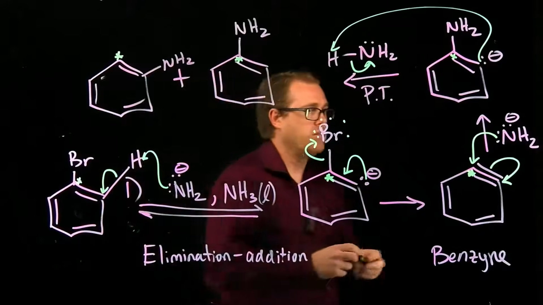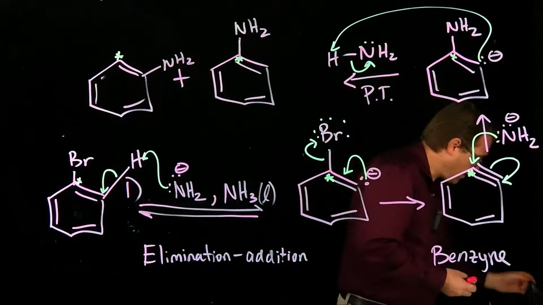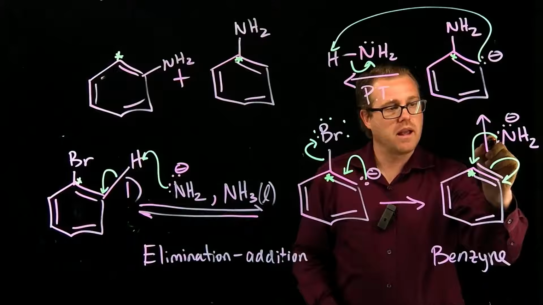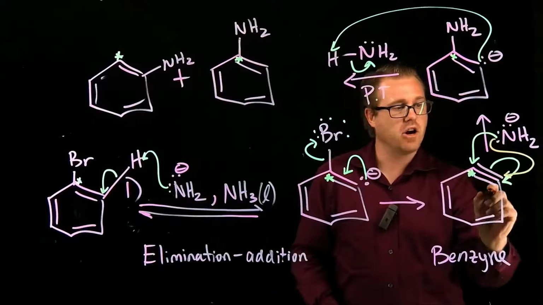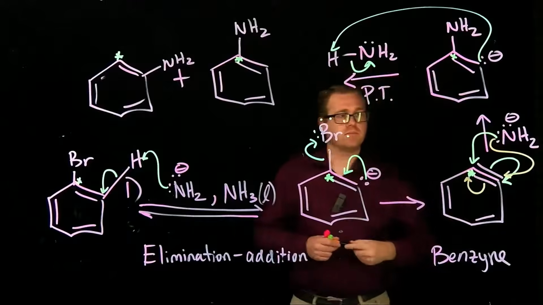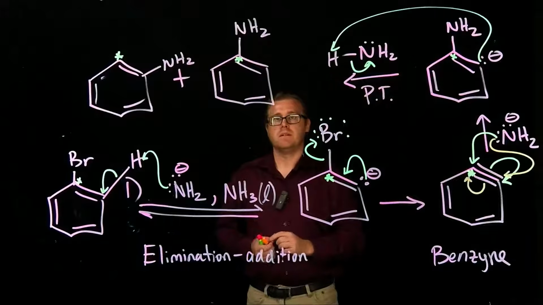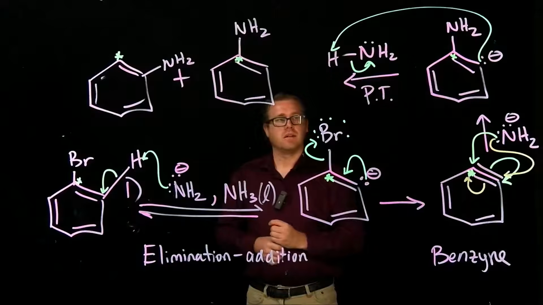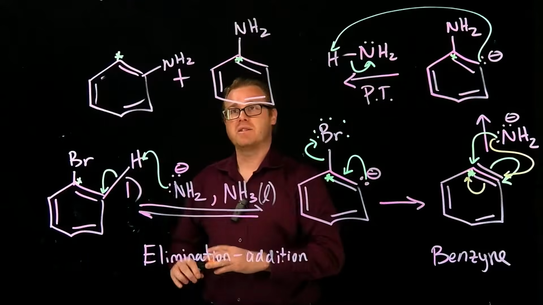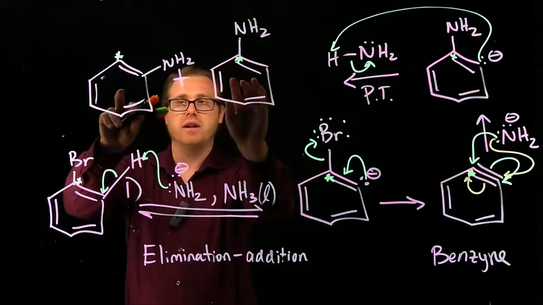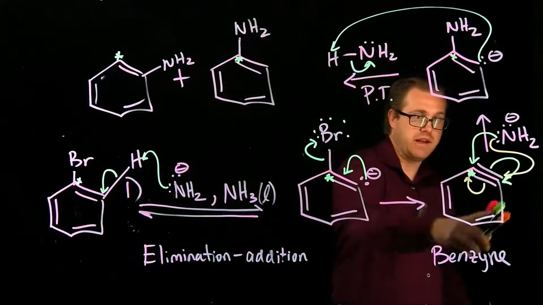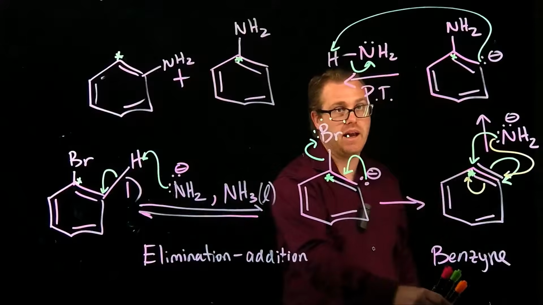Why? Because this amine right here can come in and attack on that carbon instead, bringing the electrons over there. All right? So that's the mechanism that explains why you can get 2 different products, because of this intermediate right here called the benzyne.